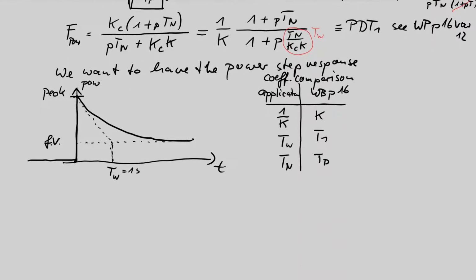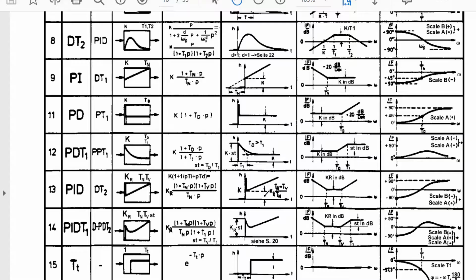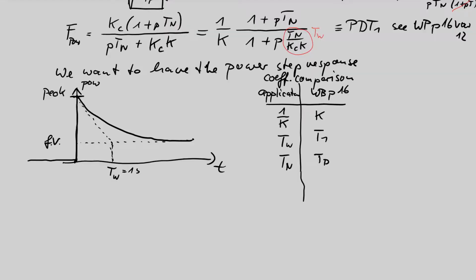And furthermore, note that we have a very good parameter in the workbook which can be used for defining, for example, the final value change. The peak value is the step depth, and the step depth is Td over T1. So we can say, okay, step depth is Td over T1. In our case, is the step depth.